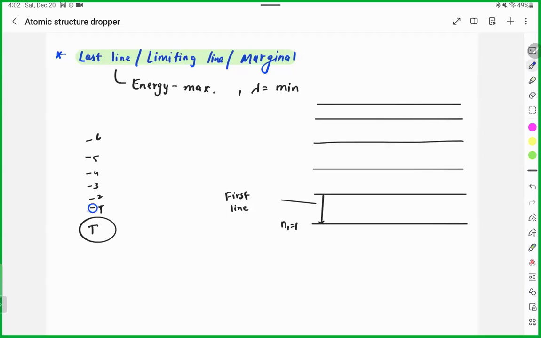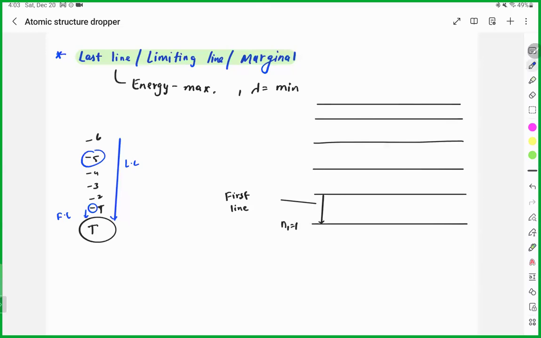You will say, first person, come and bring your notebook and I'll check it. If the last person comes, you will say, last person, come, bring your notebook, I'll check it. Make sense? If first person comes, first line. If last person comes, last line. If fifth person comes, fifth line. As simple as that. Any doubt?